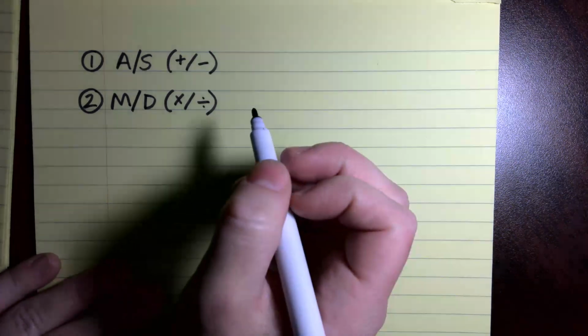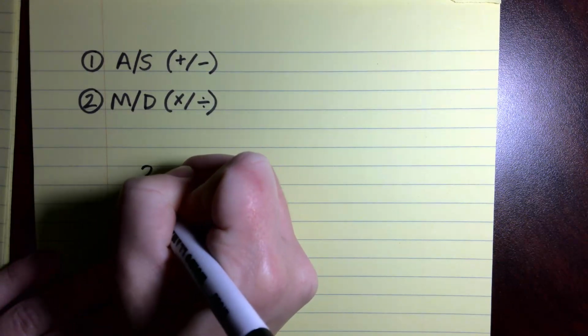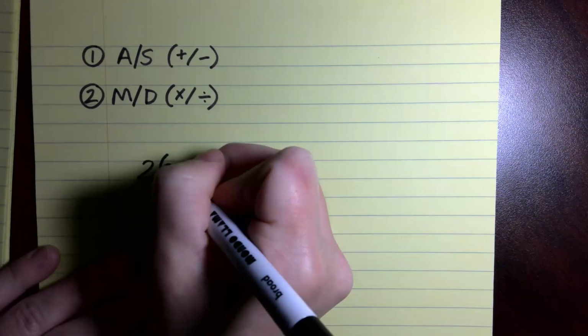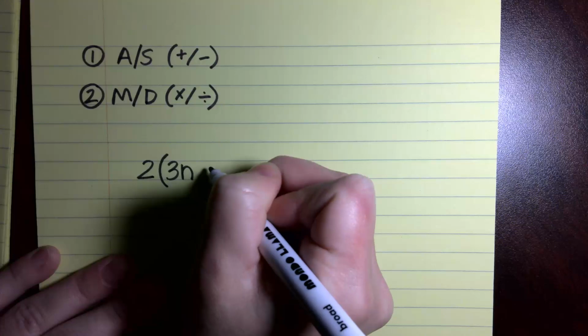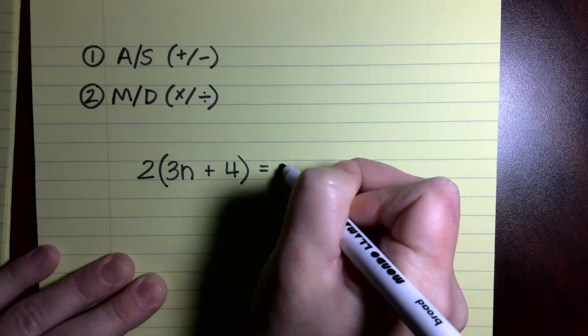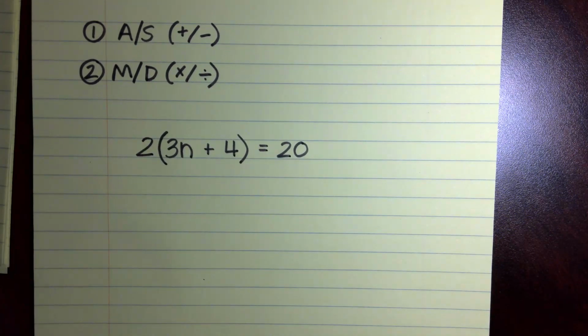What if I had a problem that said 2 parentheses 3n plus 4 equals 20? What if I had something like this?